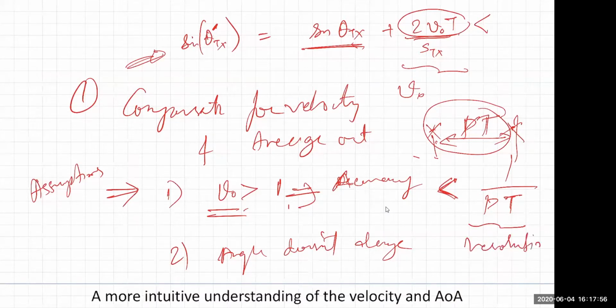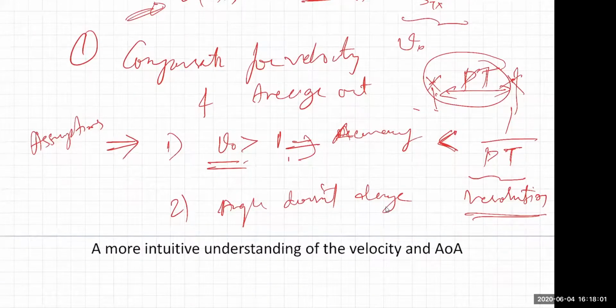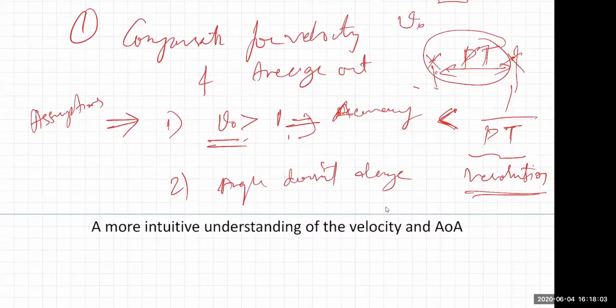But at the same time, what is the range? 1 over T. No. See, the point is that you're getting 2 points. Each point is after 4T.